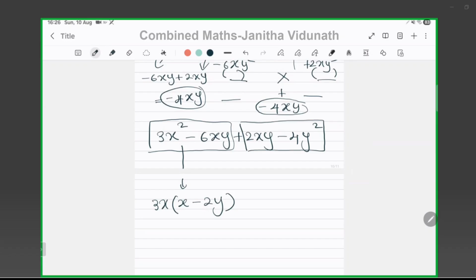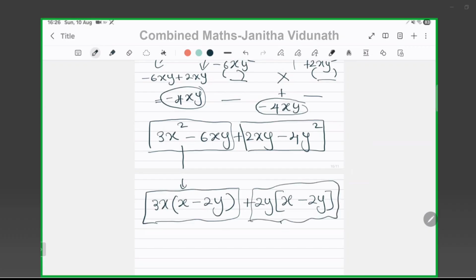From the other two terms, we get plus 2y as common, and the remaining are x and minus 2y. Considering these, the common factor is x minus 2y. Then the remaining term is 3x plus 2y. So the two factors are these two.